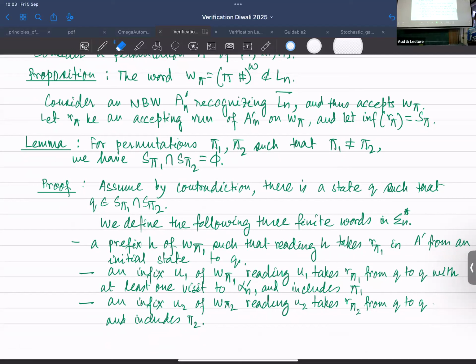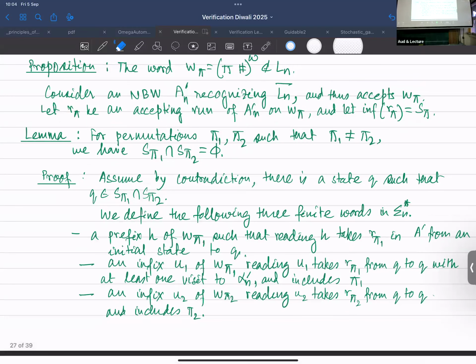So the complement automaton should be able to accept all such permutations, and for every such permutation, the sets of states visited infinitely often are all disjoint. If we can prove this, it essentially gives us that the complement automaton should have at least n factorial states. Is it clear? It's a very simple pattern.